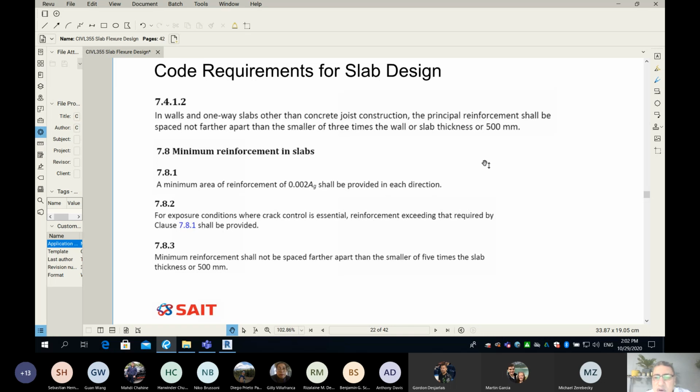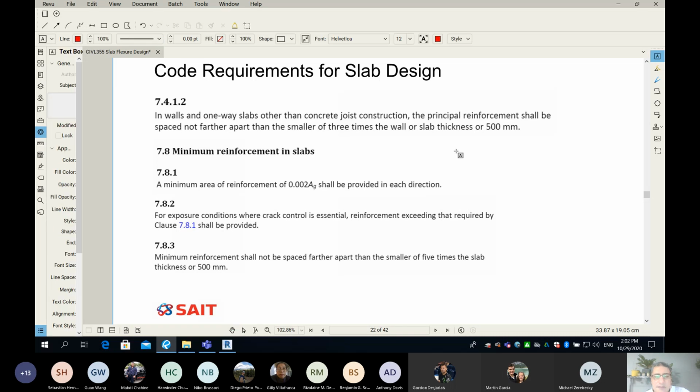The code requires a minimum reinforcement in your slab, same as the beam. So the beam, if you guys remember, the code requires minimum reinforcement. The difference is we use a different formula. In the beam, if I remember correctly, I cannot remember even.